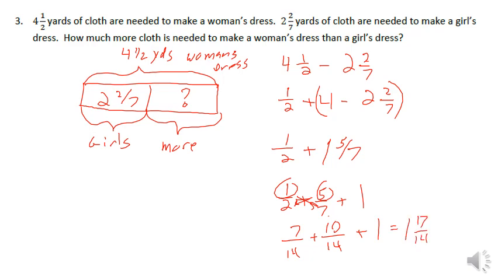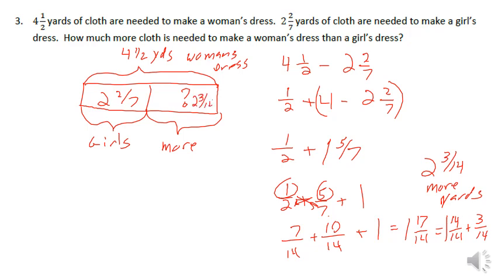So we're going to end up with 1 17/14, which equals 1 14/14 plus 3/14. So that's going to equal 2 3/14 more yards.